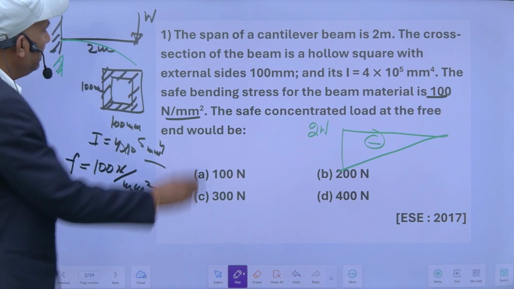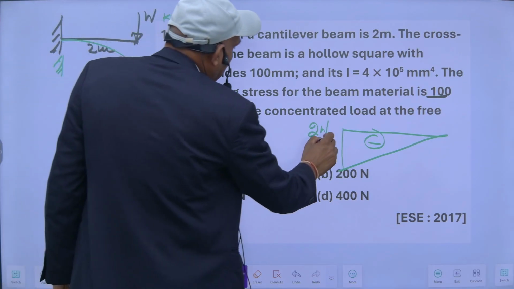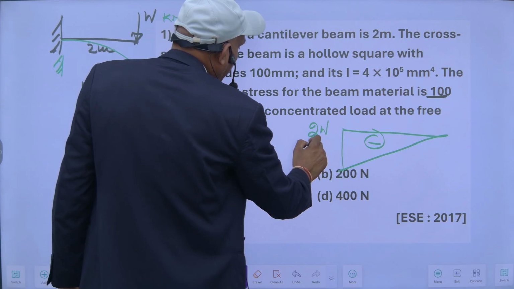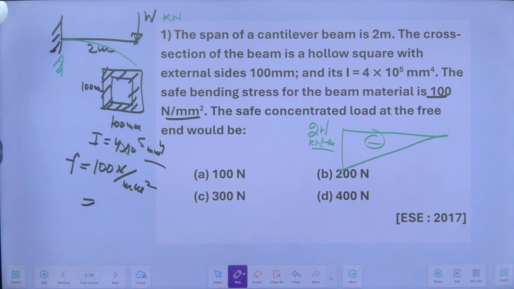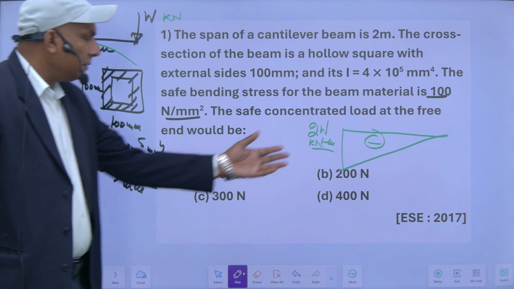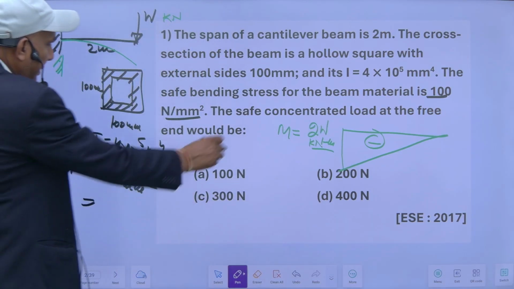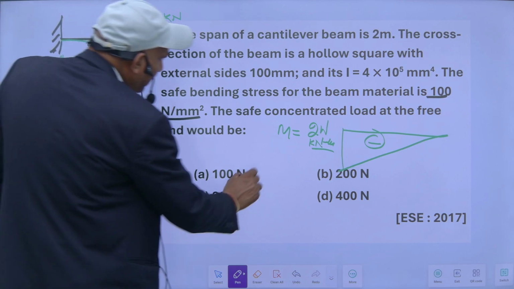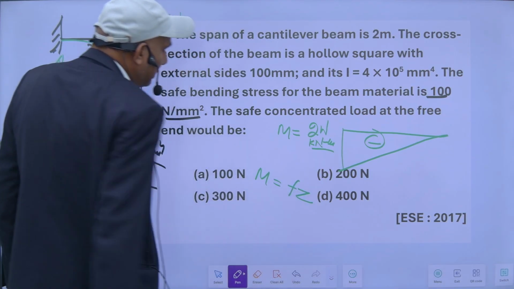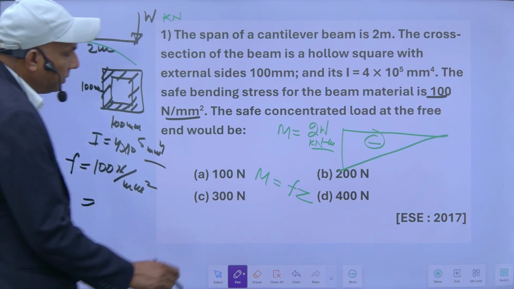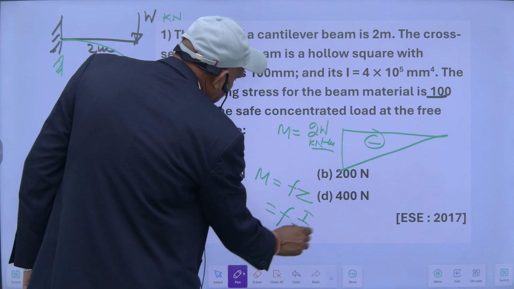Let W be in kilonewton, so it will be 2W kilonewton meter. So this is the bending moment M, which is maximum here, and this M is equal to F into section modulus, and section modulus is equal to I upon Y.